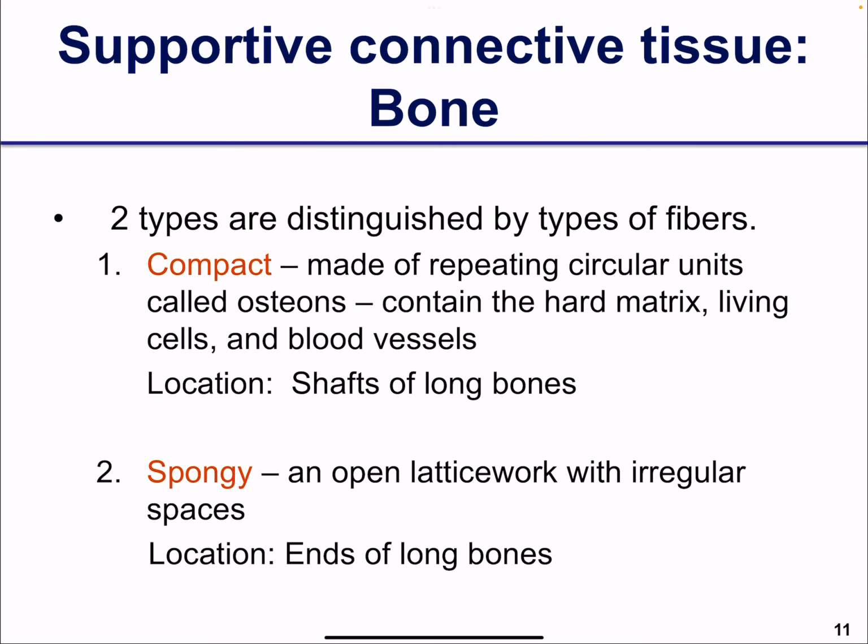Now, when we look at the bone, we see that there are two kinds of bones. We have the compact bone, very descriptive as a name, right? That compact bone is made up of repeated circular units that are called osteons. These osteons are packed together, but in spite of the fact that this bone is very compact, it is still a living tissue.